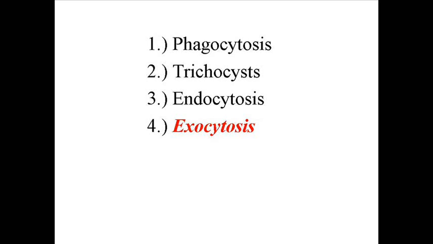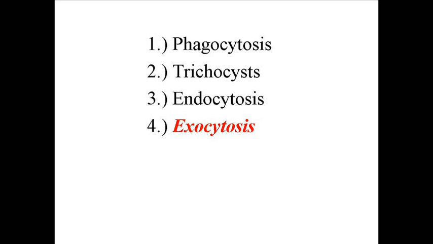The reverse of endocytosis is the process known as exocytosis. In this process, materials are pushed out of the cell through the cell membrane into the environment. Exocytosis is a common strategy for cells involved in the secretion of certain chemicals.